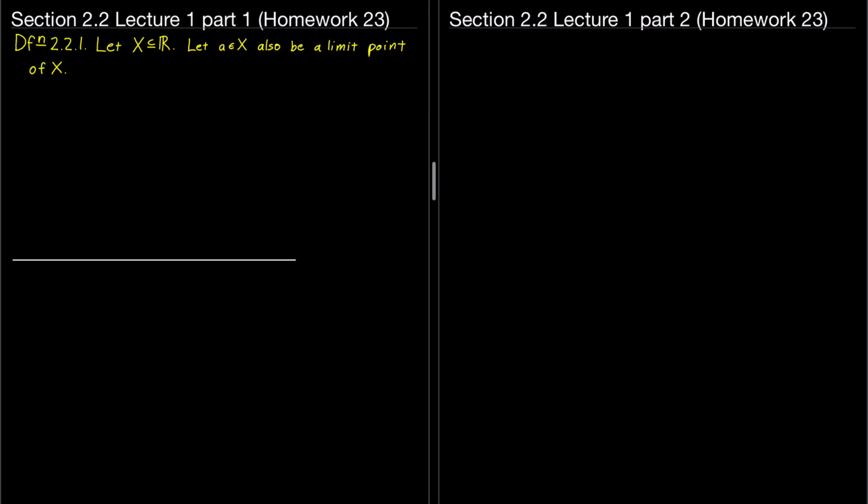Well, to be differentiable at A, you have to be both in X and a limit point of X.